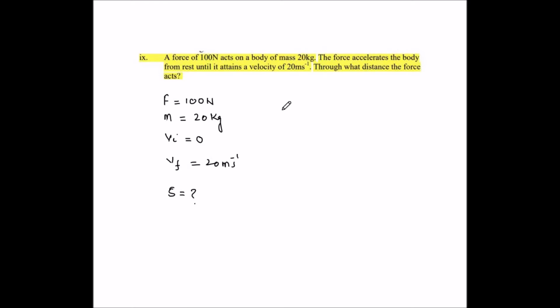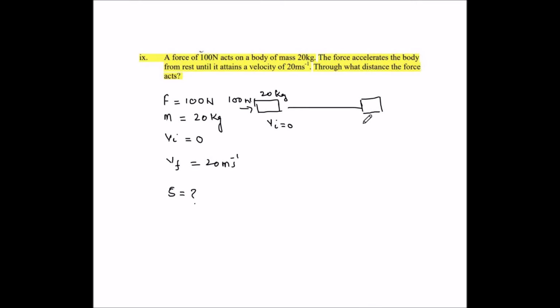What is the situation we have? Let's suppose this is the object, like a box, you know its mass well, 20 kg. Initially it was at rest, initial velocity was 0, then we use a force. How much force? 100 Newton. Because of this action of force, it moves, and let's suppose reaches this point.